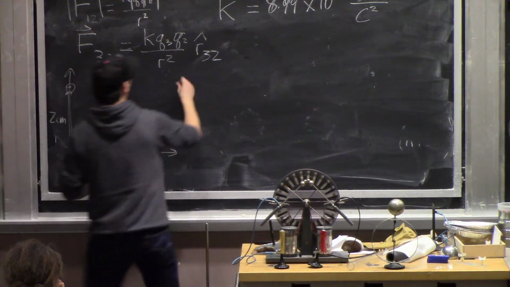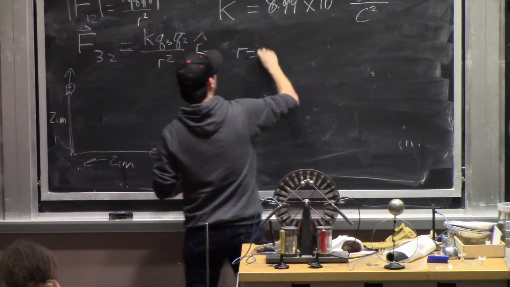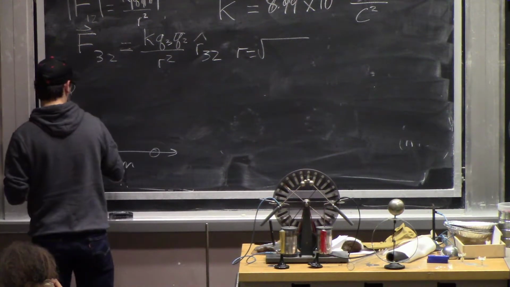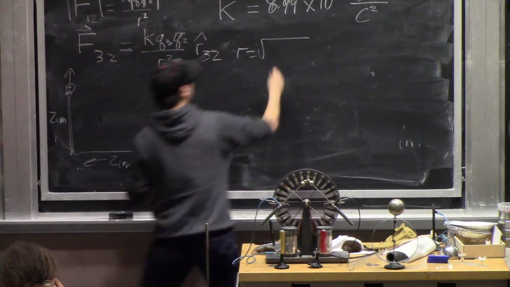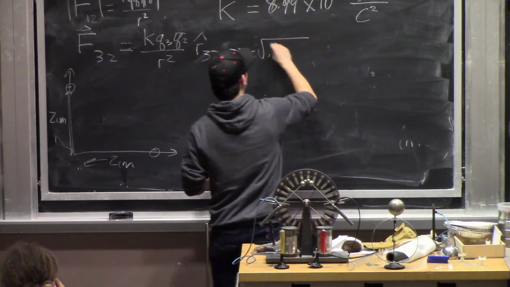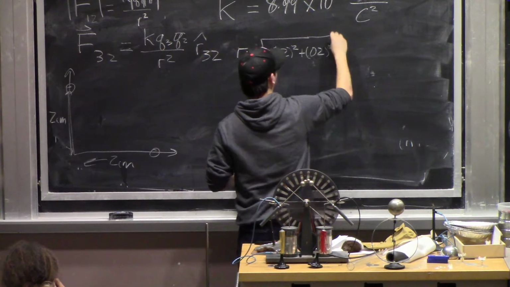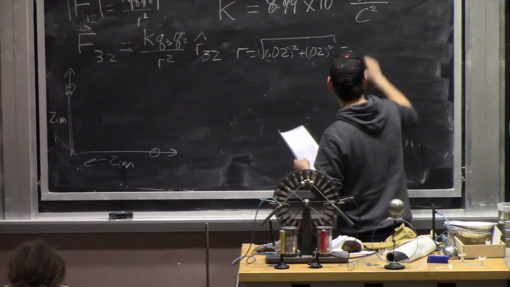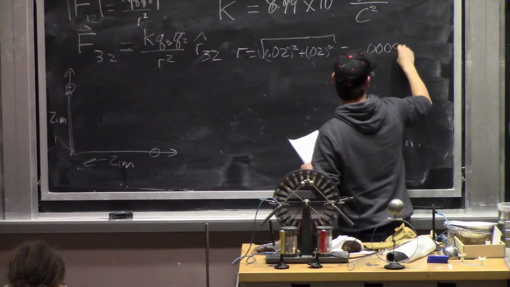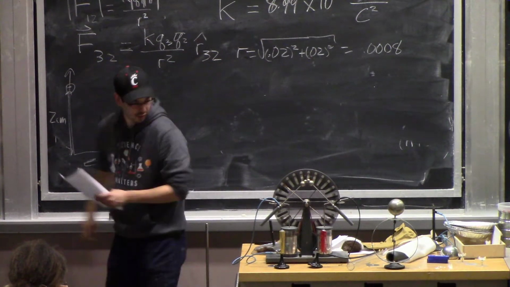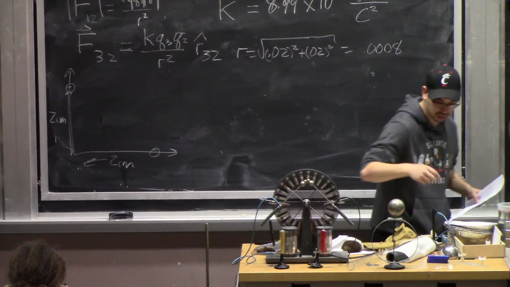So R is going to be equal to the square root of a squared plus b squared, and so this is going to be 0.02 squared plus 0.02 squared, which is going to be equal to 0.0008. So I'll just carry that around later and find a new piece of chalk.